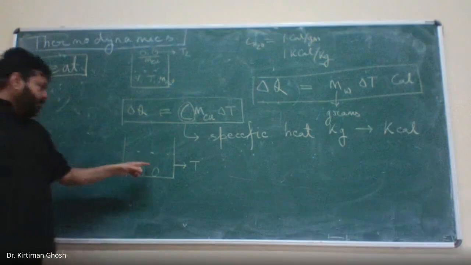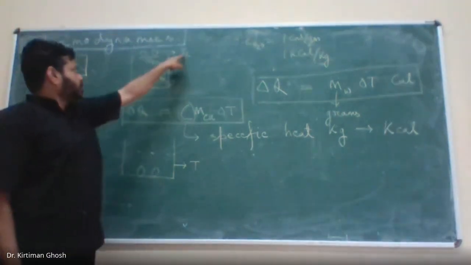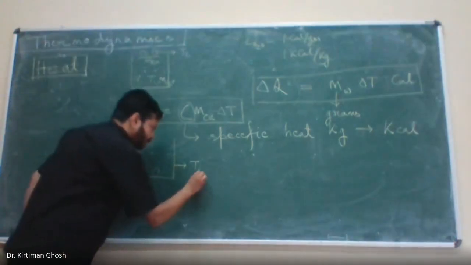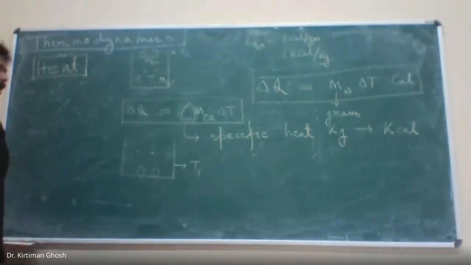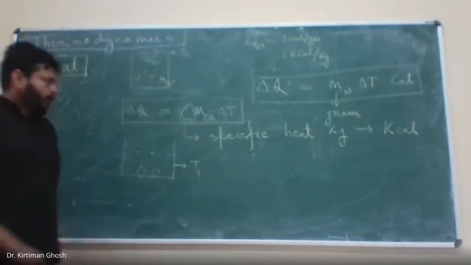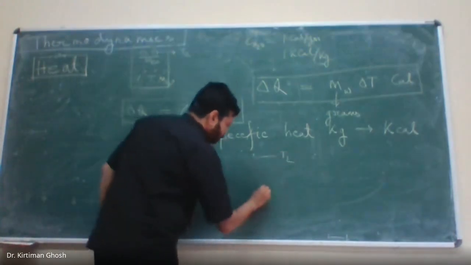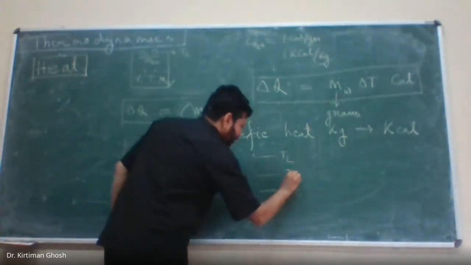T1 is the temperature of water, T2 is the temperature of these hot copper balls, and if I wait a sufficiently large amount of time so that the copper balls and water come to equilibrium, they will reach another temperature Tf. So you can have a simple diagram like this: T2 temperature copper balls, T1 temperature water, and in equilibrium their temperature is Tf.